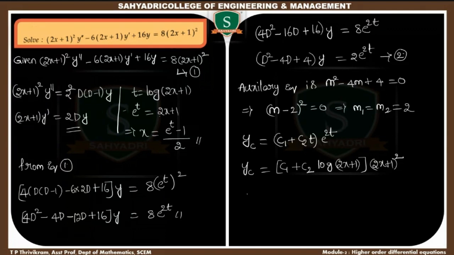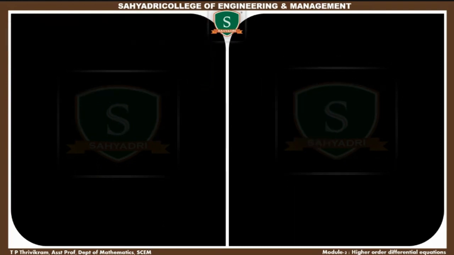We'll write the particular integral yp is equal to the right hand side in equation 2, 2 e power 2t divided by d square minus 4d plus 4. Okay. So now we need to find the solution for this.